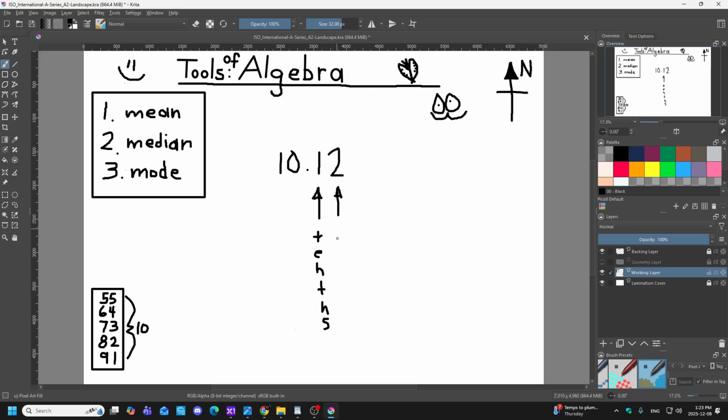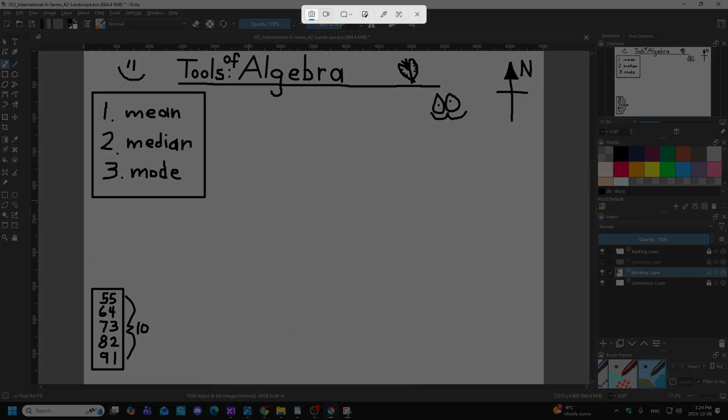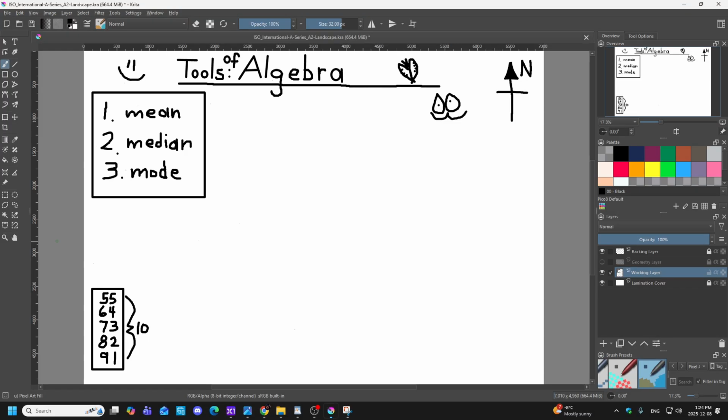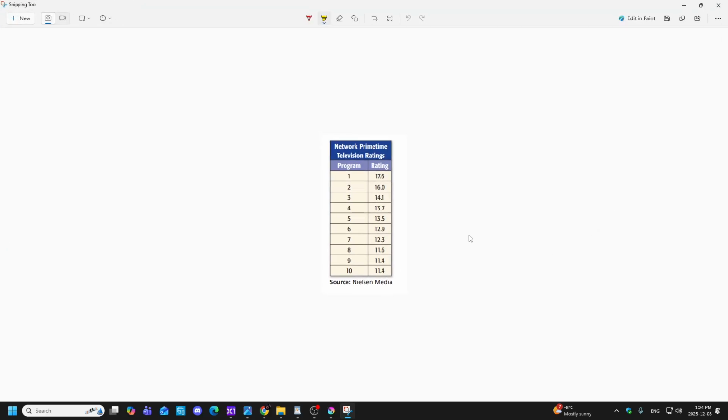I don't know why they want it to that, but okay. Here's the table, the data set. We have these ratings for each program.